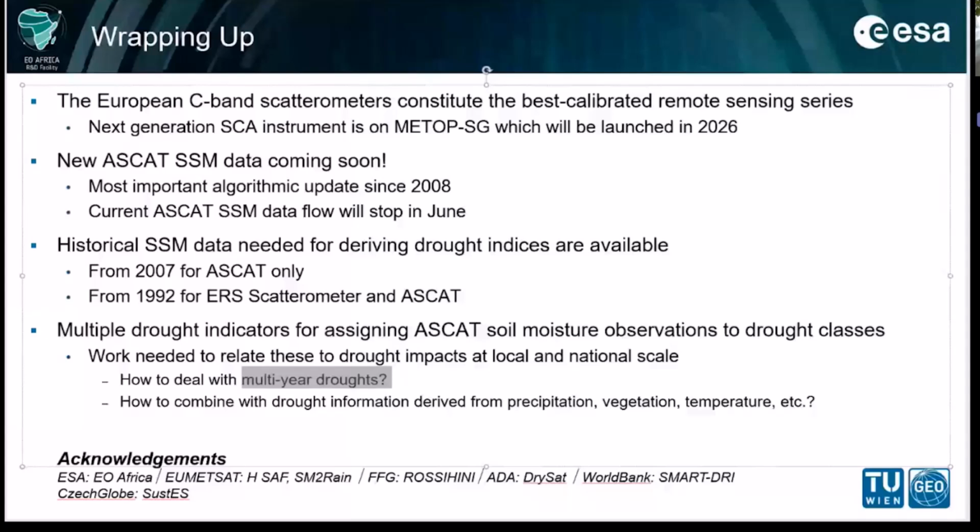In any case, the open water surface has a very big impact on the soil moisture observations. So if you have a point that is still impacted by an open water surface, you will see signals that don't make sense. But again, as a rule of thumb, if you're 10 kilometers away, I think you can use it.